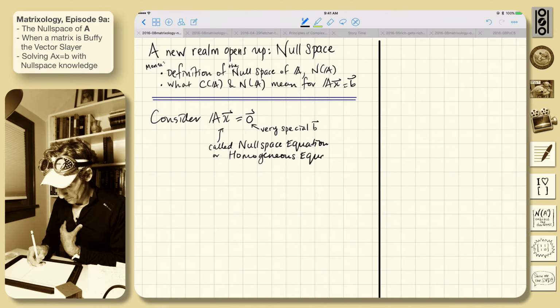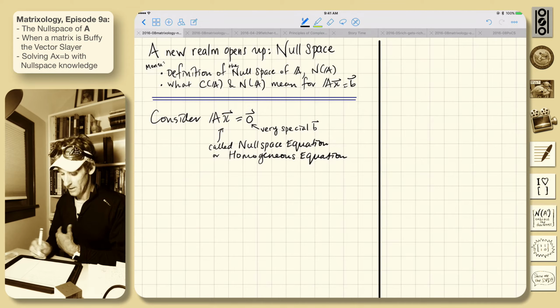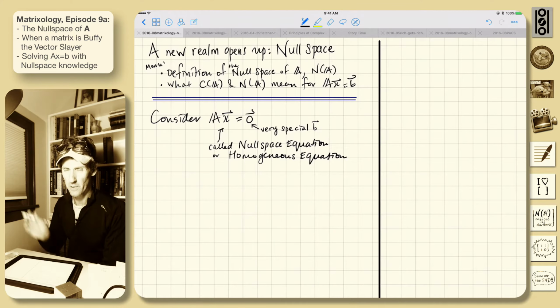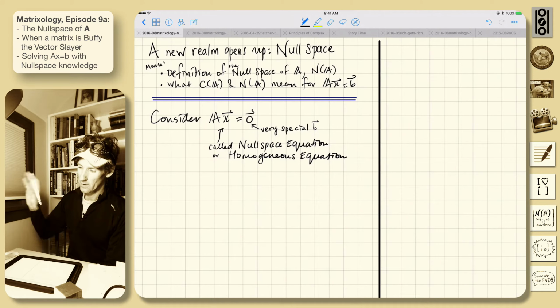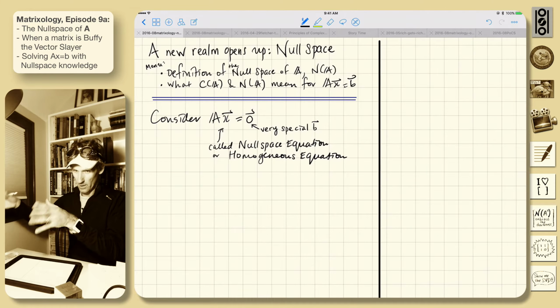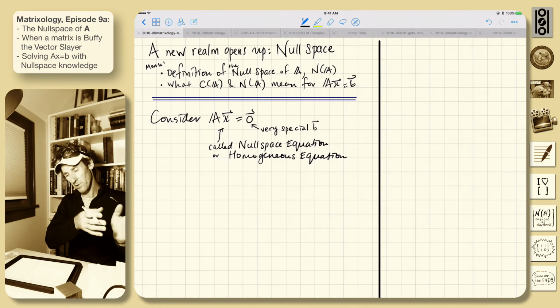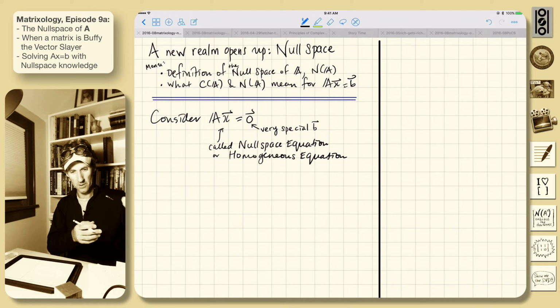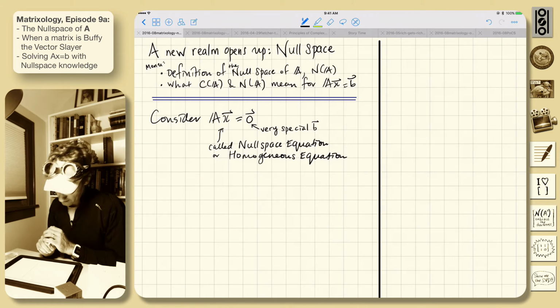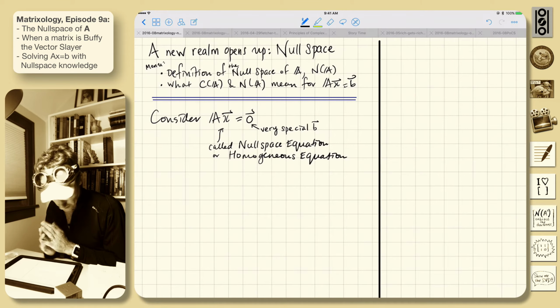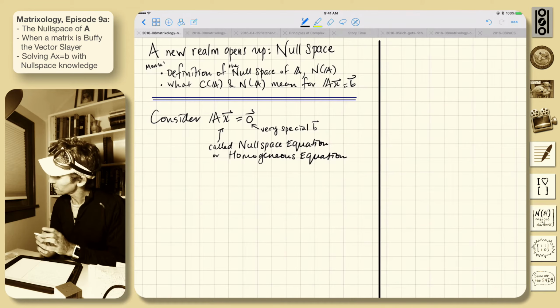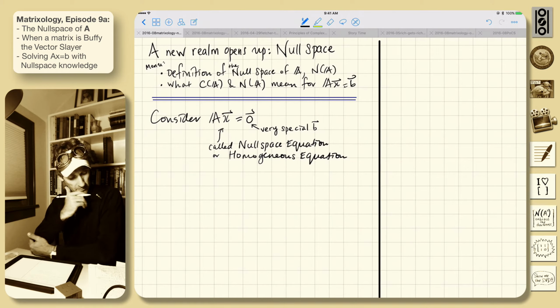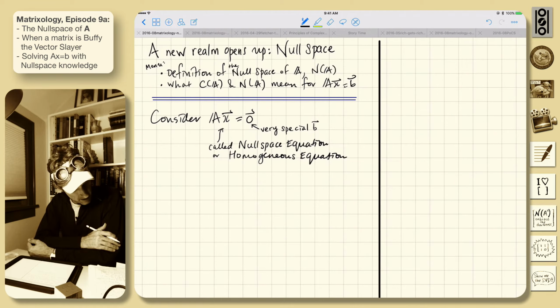These are antiquated terms, and you'll see them in differential equations as well. When the differential equation is set up with 0 on the right, that's a homogeneous version. If there's some sort of forcing term over here, it's non-homogeneous. We don't say heterogeneous.